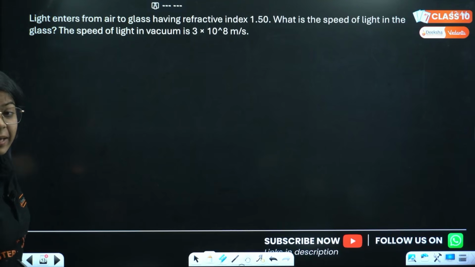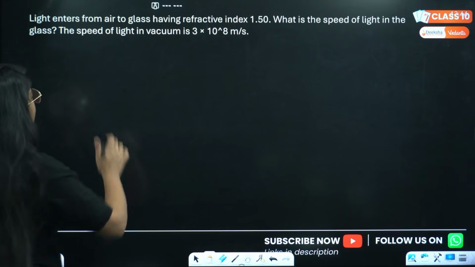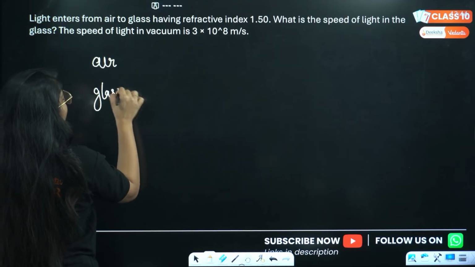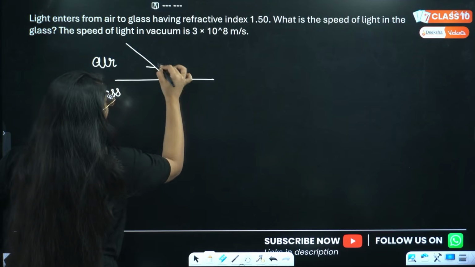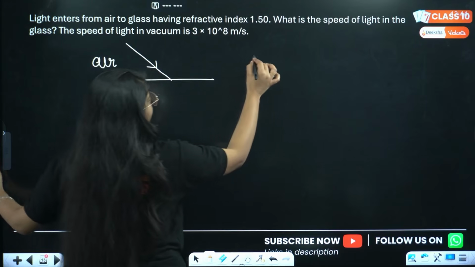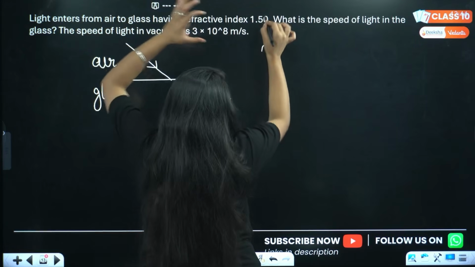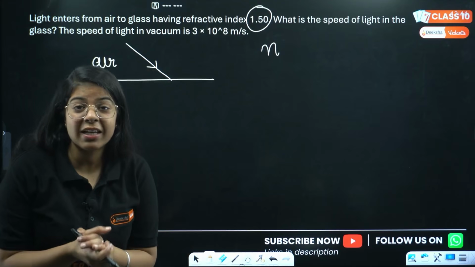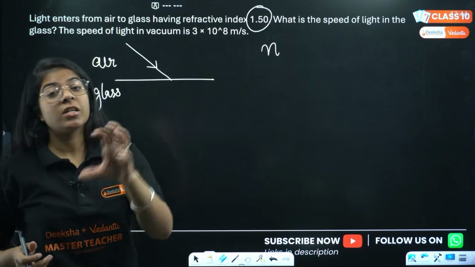Light enters from air to glass. This is air and this is glass, my friend. Light is entering from air into glass, having refractive index 1.5. So this value is of glass with respect to air.